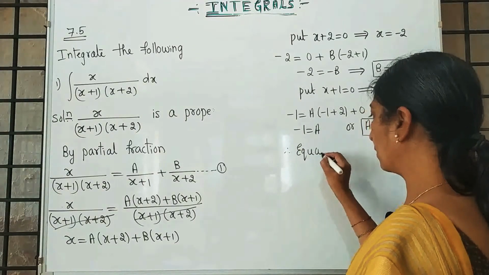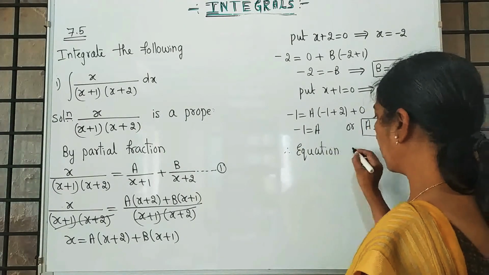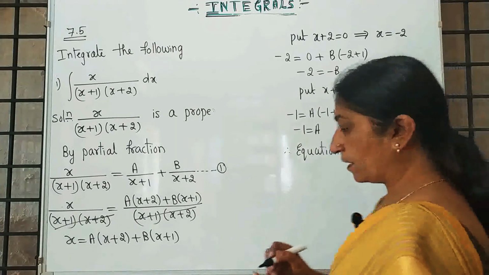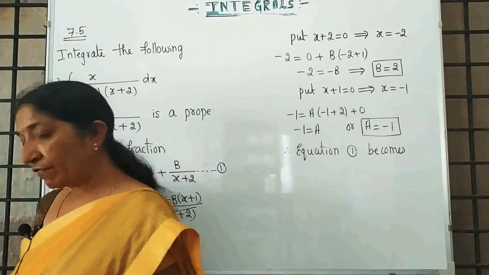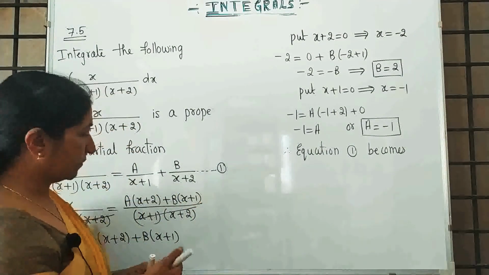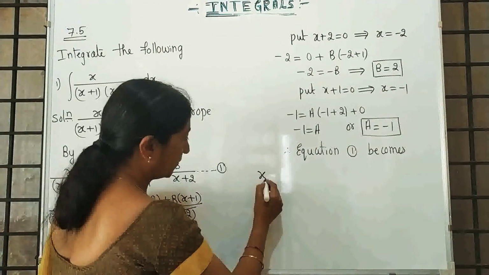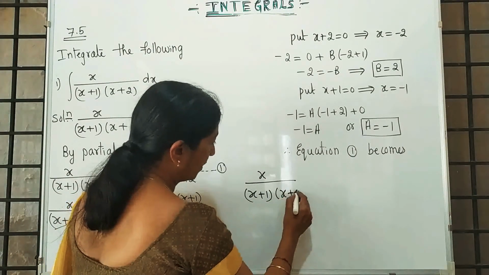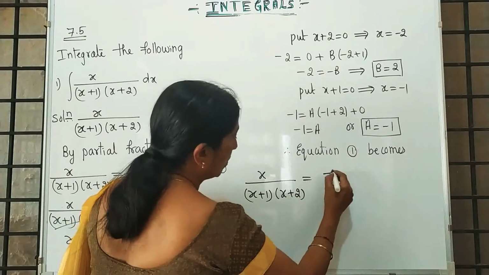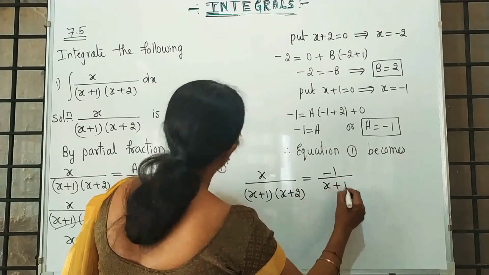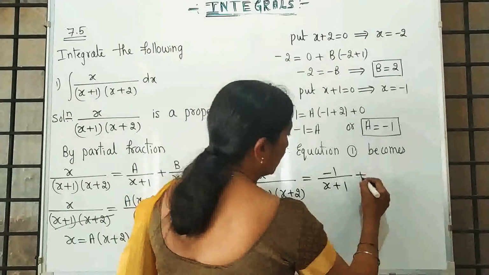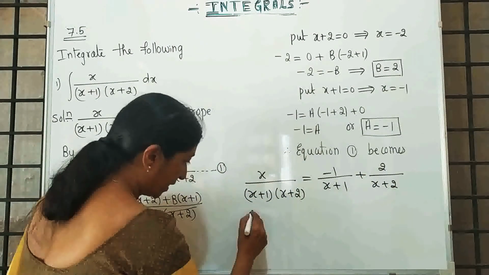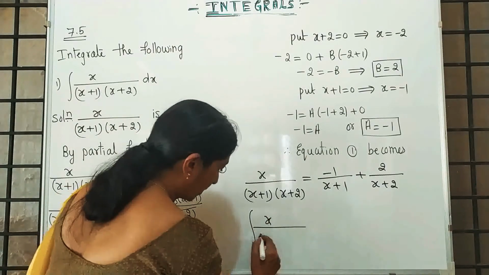Now write down these values in equation 1. Therefore equation 1 becomes, writing the a and b values: x upon (x plus 1) into (x plus 2) is equal to minus 1 upon x plus 1 plus 2 upon x plus 2. Now integrate both the sides with respect to x.